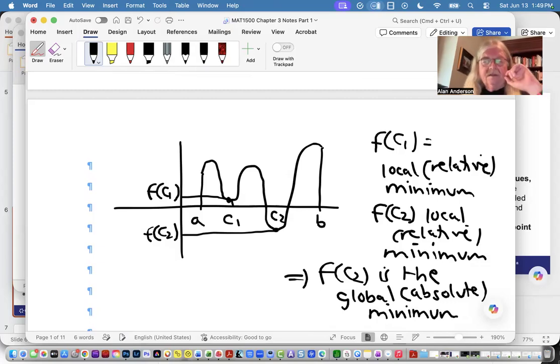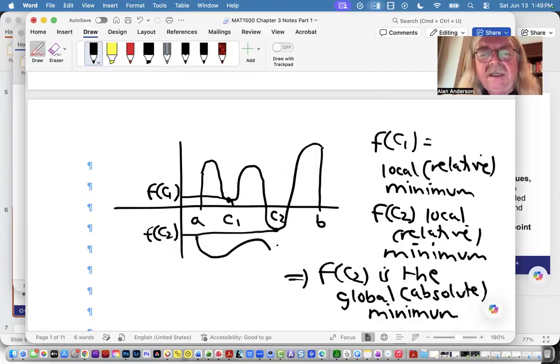Okay, so in other words, there's two of them. They're very small within that immediate vicinity. Of the two, F of C2 is smaller, and so the name changes to global or absolute minimum over this interval, of course. This is all with respect to the interval here.